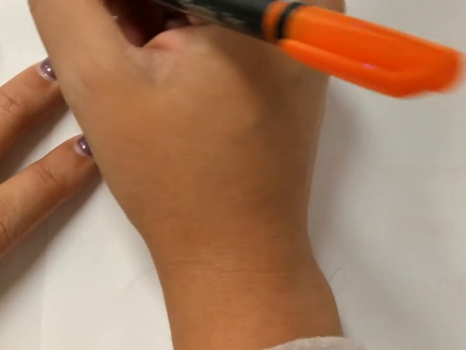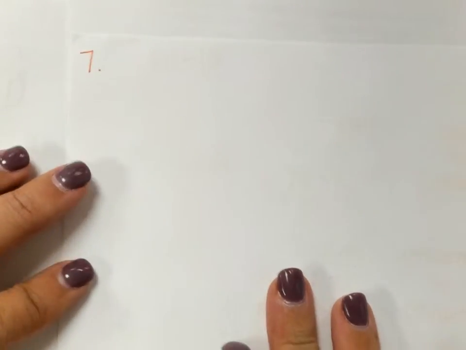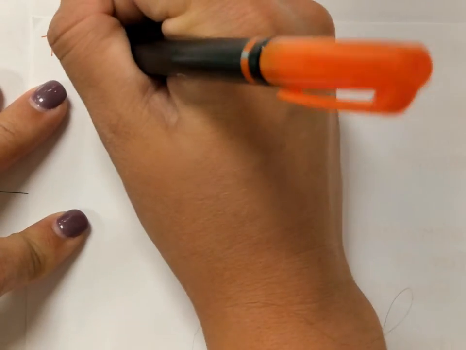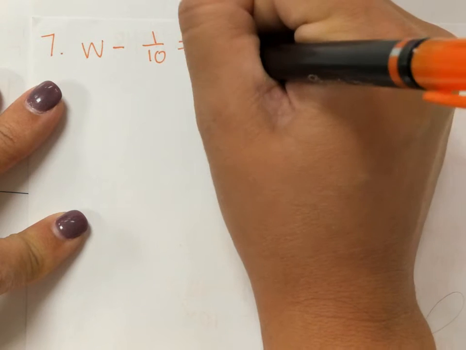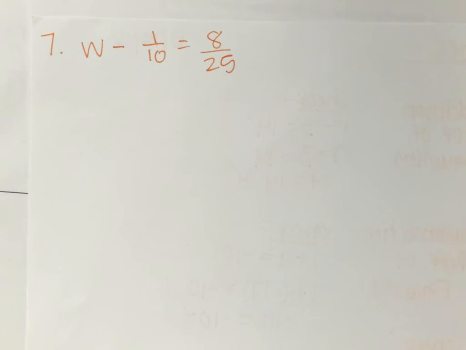Alright, so let's say I have W minus 1/10 equals 8/25. I'm solving for W. So how do I do that?